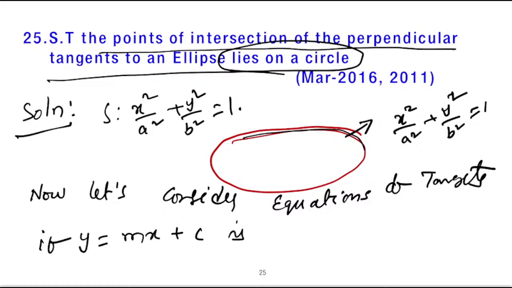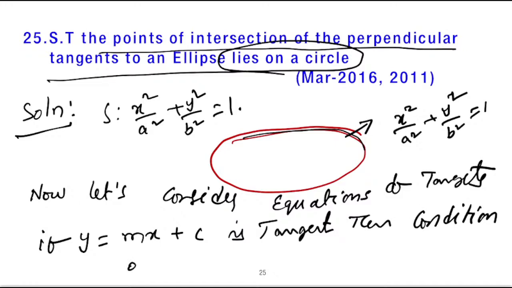If this is a tangent in Eamcet direct question concept, super concept, if y is equal to mx plus c is a tangent, then what? Condition of tangency is what? What you will get is c square is what? A square m square plus b square.